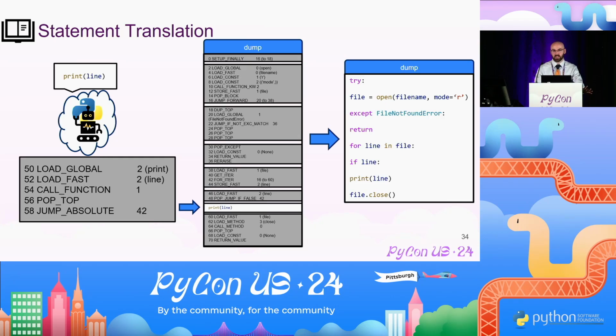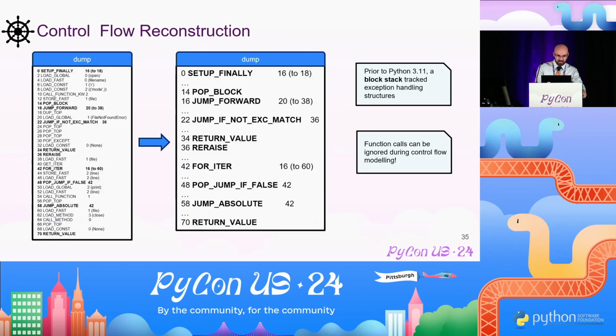We get the same lines out as were in the original function, but they're flat. We don't know what the indentation is. Technically, we don't know what the order is, although in 3.9, the offset order matches the source code order for the most part, although that's less true in more recent versions. So the next step we're going to look at is control flow reconstruction.